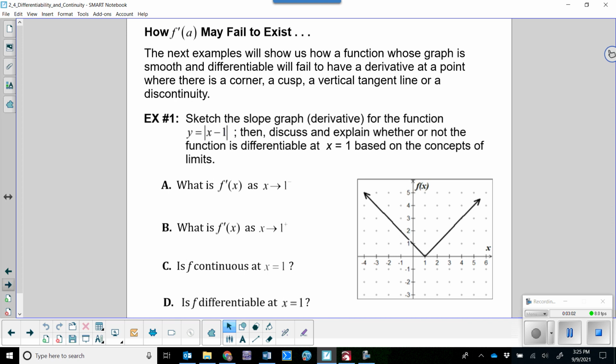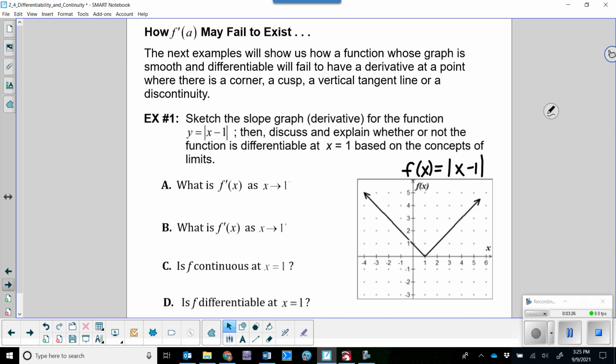I don't know why that says sketch the slope graph, so that's not what we're doing. We're just doing what is the derivative as x approaches 1. So this graph right here is f of x equals absolute value of x minus 1. Remember that absolute value of x is a V, the minus 1 is on the inside, so this has been shifted to the right 1.